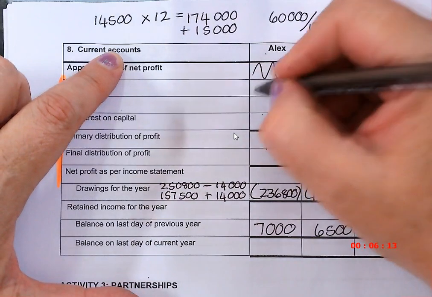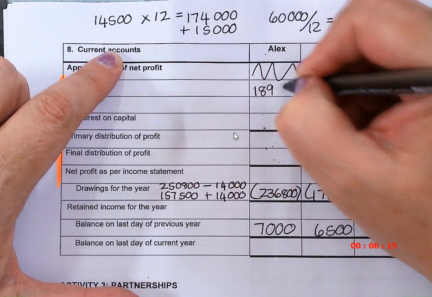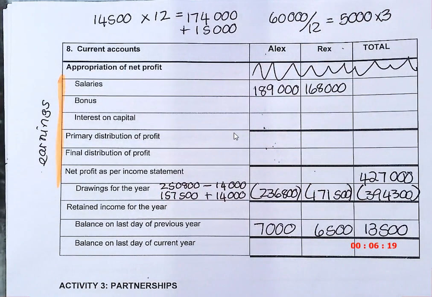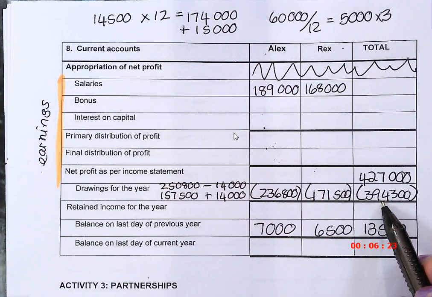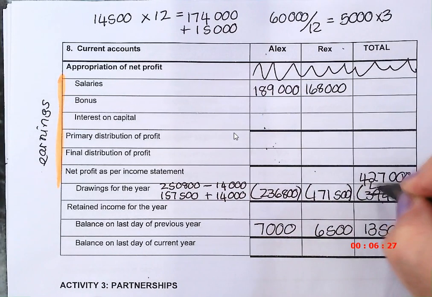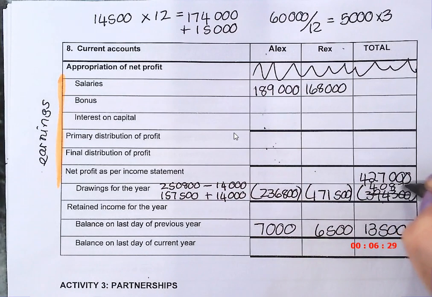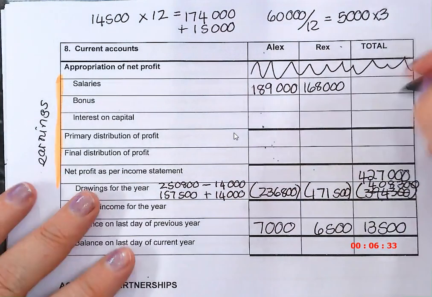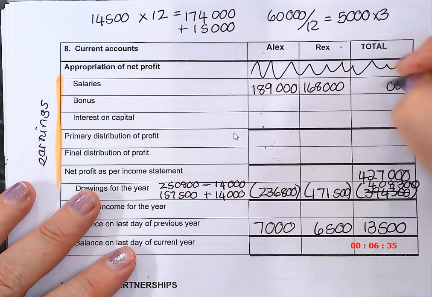And you would have got the same thing, 189 for Alex. Yes. What's wrong? 408,300. Okay. And what's the total for salaries?